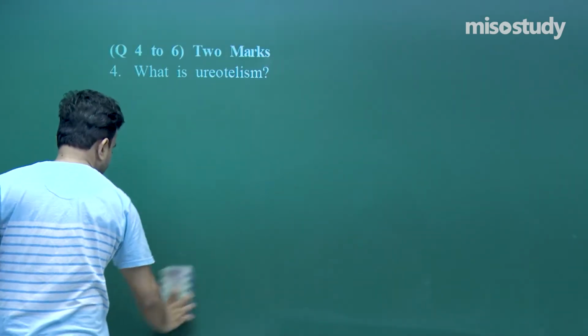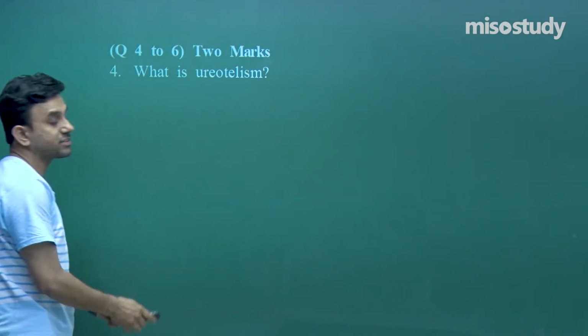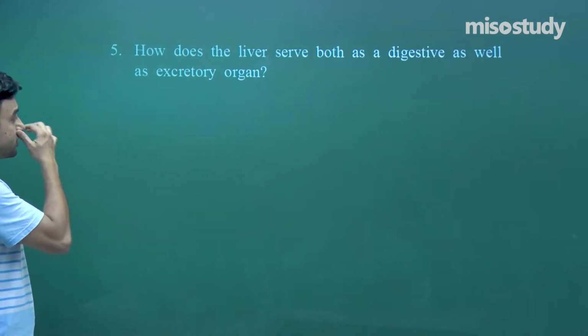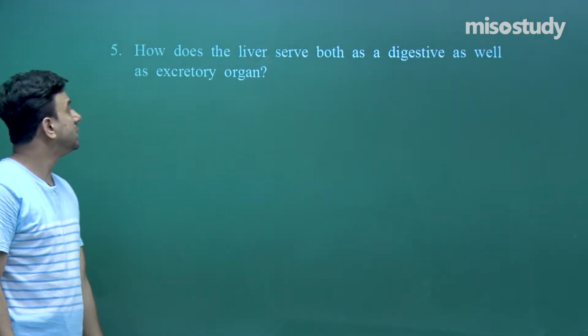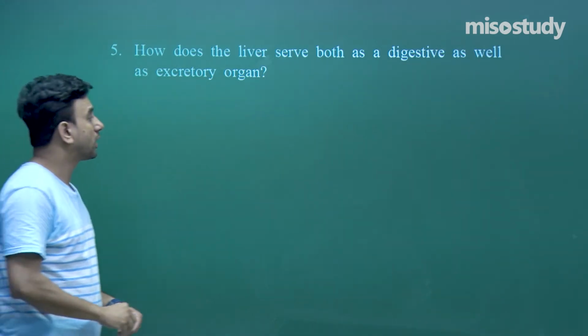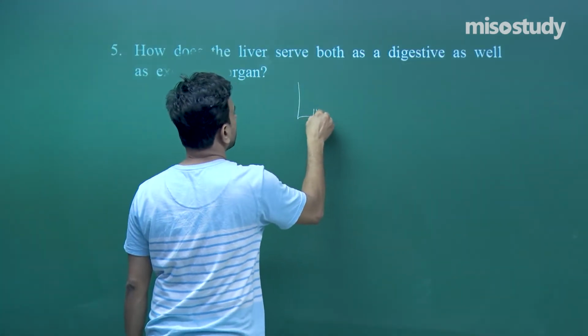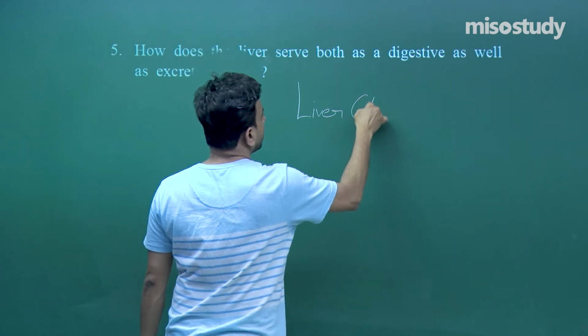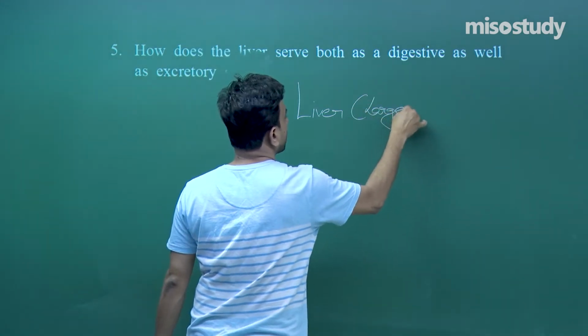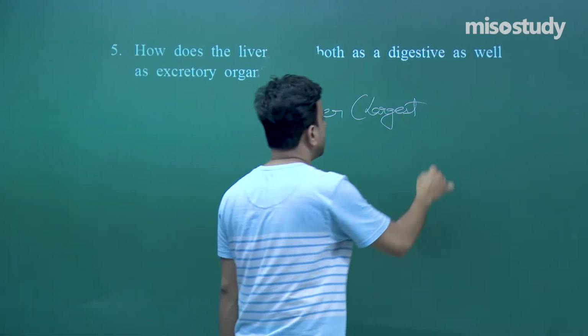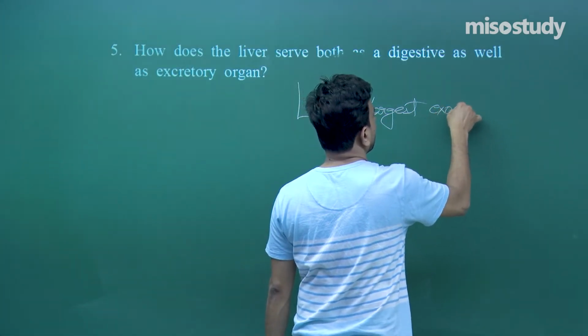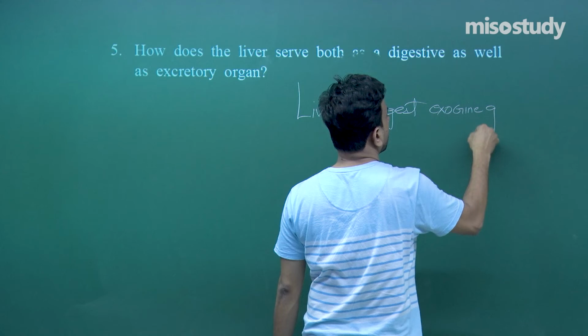We move on to the next question. How does the liver serve both as a digestive and as an excretory organ? The liver is the largest exocrine gland.